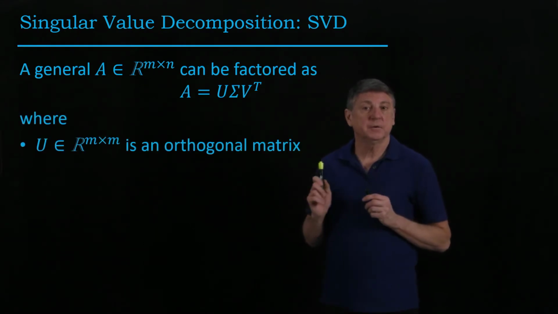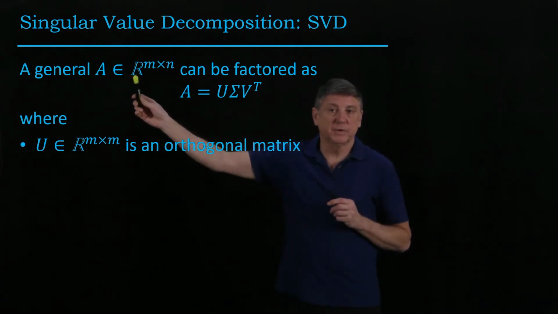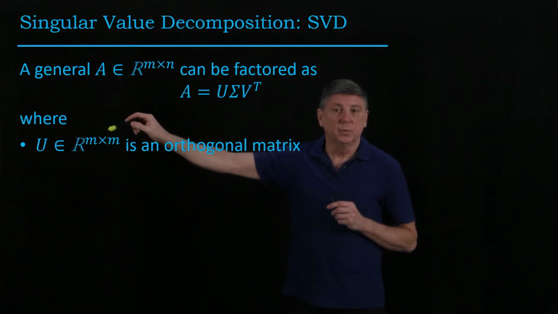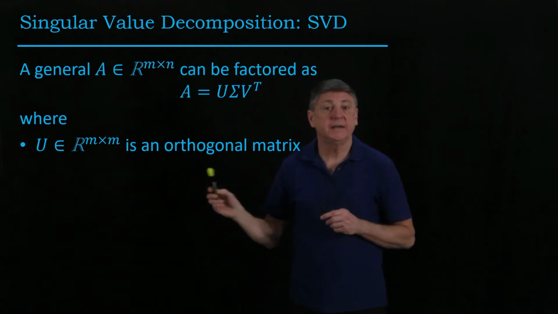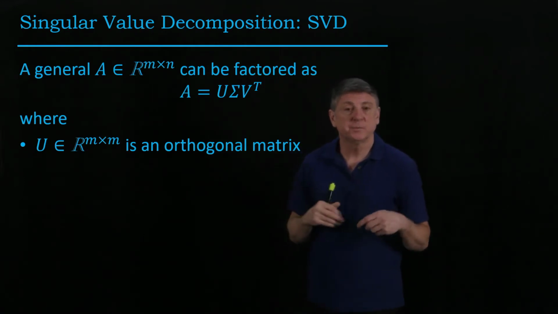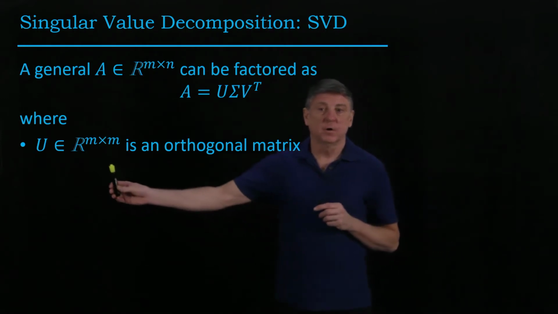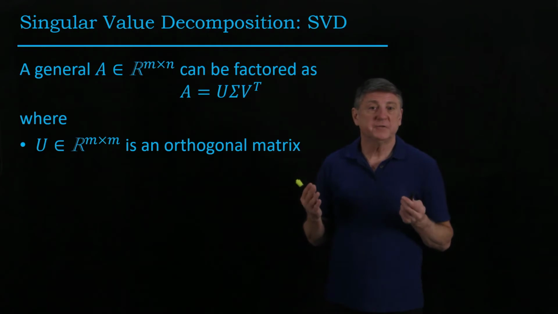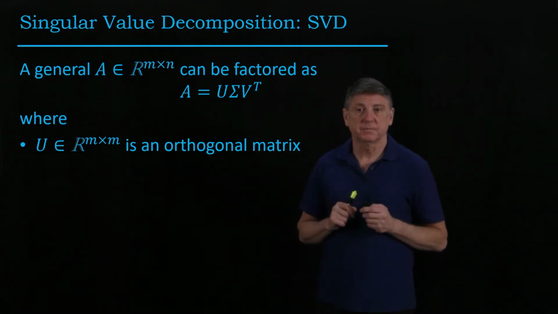A particular application of it is if A is a real matrix of this size, then U will be a square matrix, with all real numbers, and it will be an orthogonal matrix, which means that its columns are an orthonormal basis for all vectors of size m, and the transpose of this matrix is its inverse.